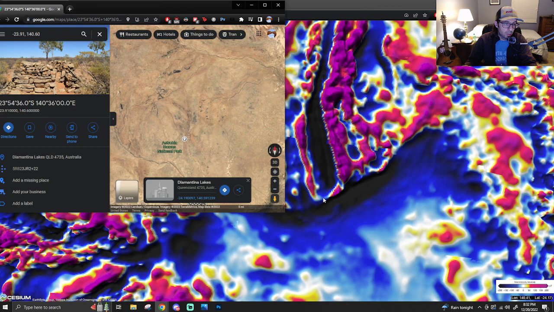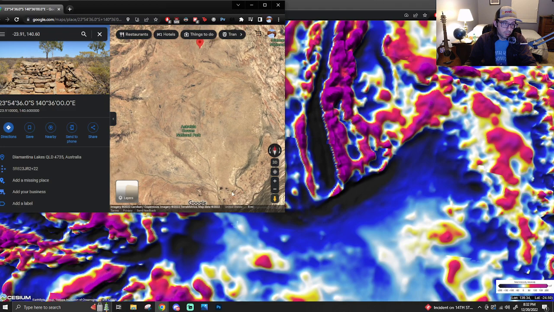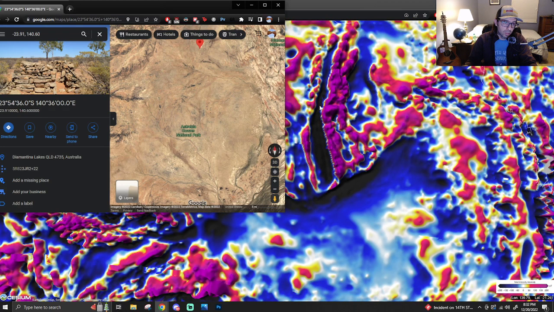There. So the center of it is around here. So it looks like it's actually generally here. Is this here? So we're looking at it right here. So this is like the Siphuncle inlet of this region.